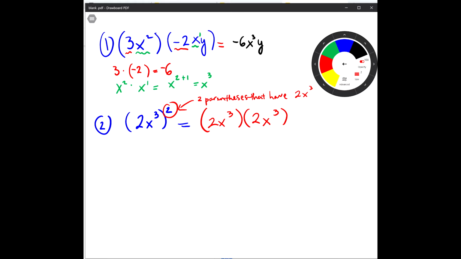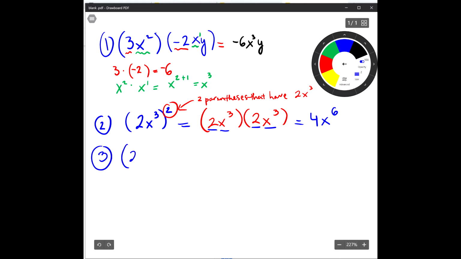And I follow the product rule now. So 2 times 2 gives me 4, and x to the third times x to the third gives me x to the 6th. That's the answer. Okay, let's try one more time. Whatever, I have 2x raised to the third power raised to the fifth power.